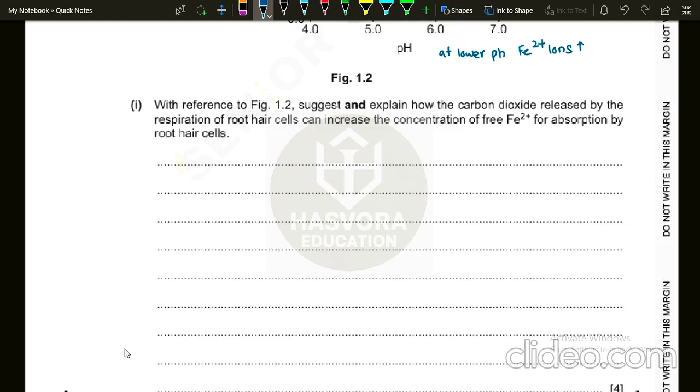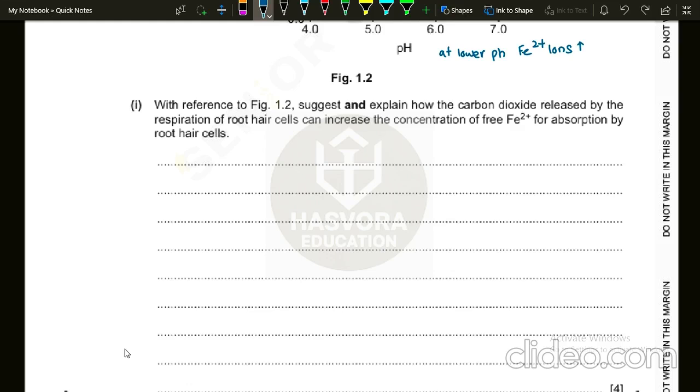Whenever they use the word suggest, this means that you do not need to know about this procedure or the whole process that was explained to you, but you have to use your previous knowledge, the syllabus content you have read throughout the year, to answer this question. You have seen a similar case in respiration, when carbon dioxide reacts with water to form carbonic acid in the presence of carbonic anhydrase, but there is no carbonic anhydrase in the soil.